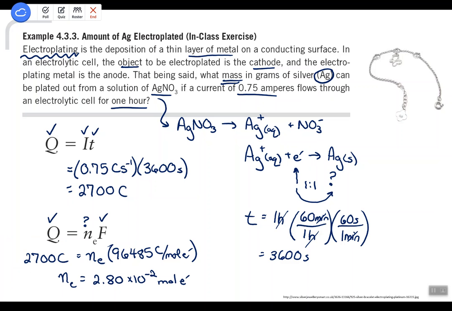Now, if I stopped here, I would have the moles of electrons. So that's good, but I need to get to the mass of silver. I can see 1 mole of electrons will produce 1 mole of silver.